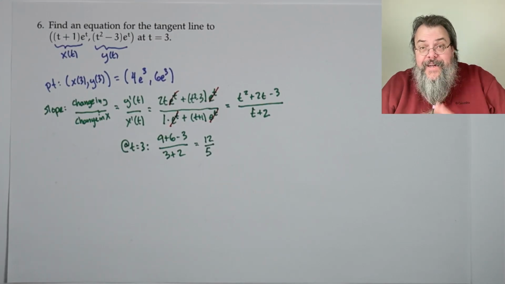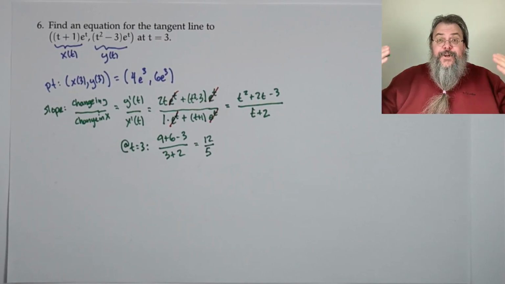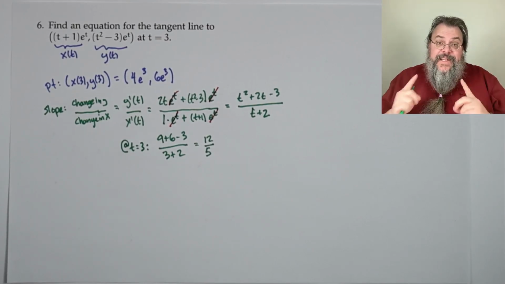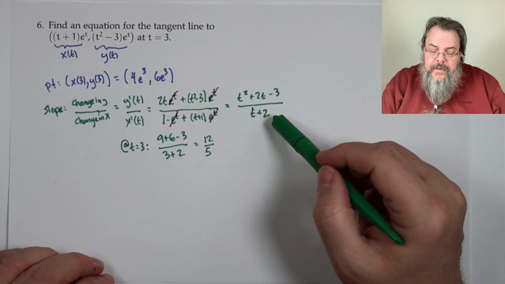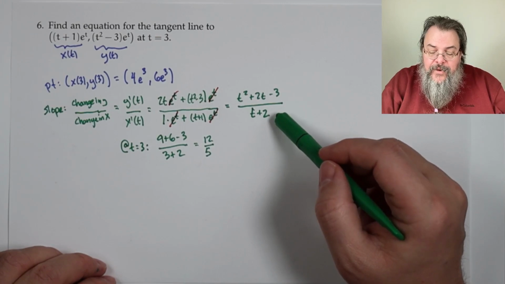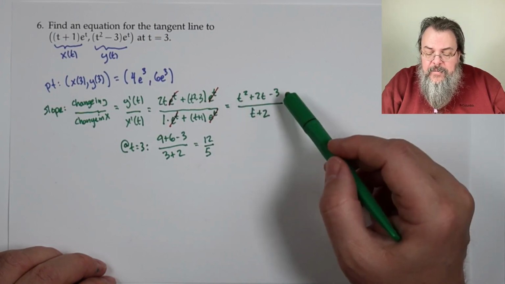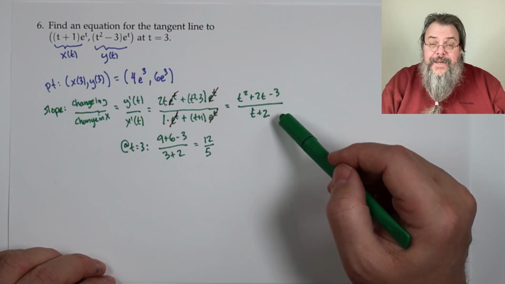Before we write down the answer, let's talk about some things that could have happened, but they didn't here. What would have happened if we plugged in minus 2? Well, upstairs you'd get a number, negative 3. Downstairs you'd get 0.